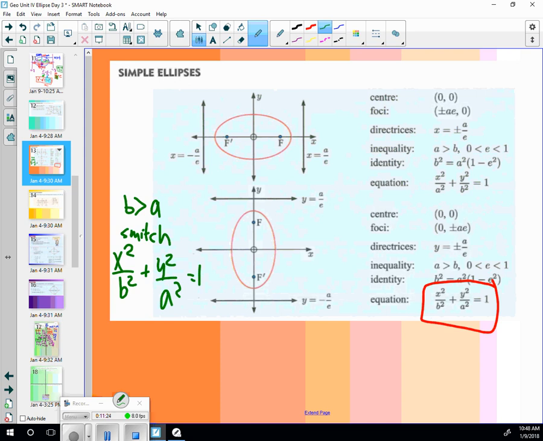And everything else is calculated the same, except notice that these are switched, and this x and y are switched. Everything else is the same. And then the focal points are on the y-axis, and the directrices are parallel lines.